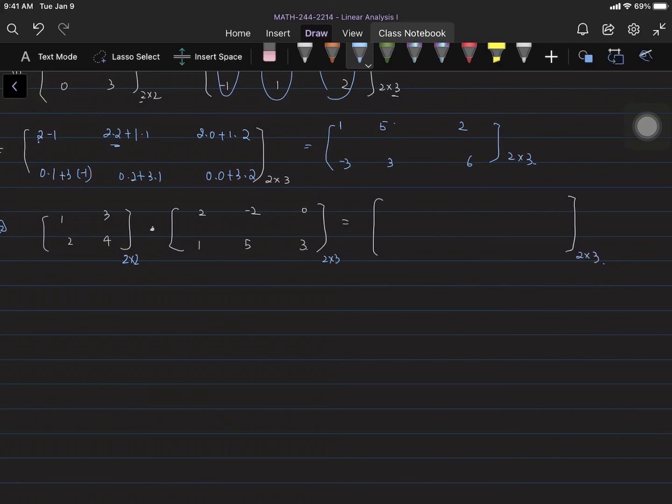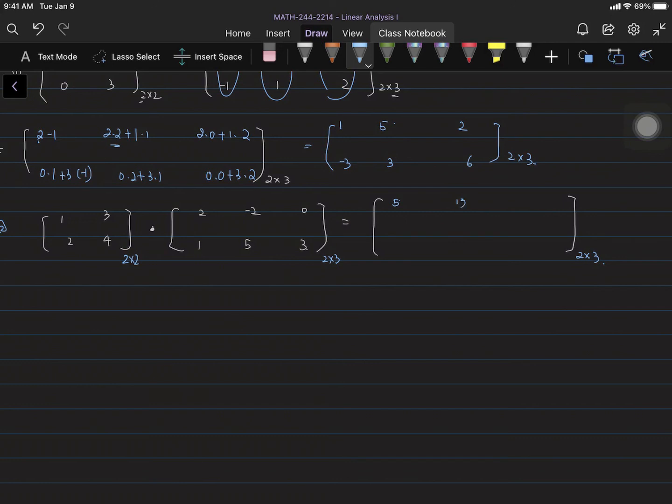This number is 1 times 2 and 3 times 1, which is 5. This number is 1 times negative 2 and 15, so 13.